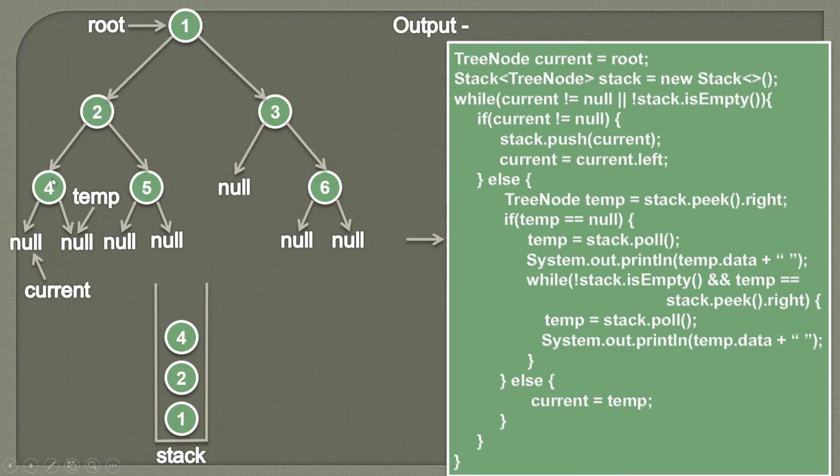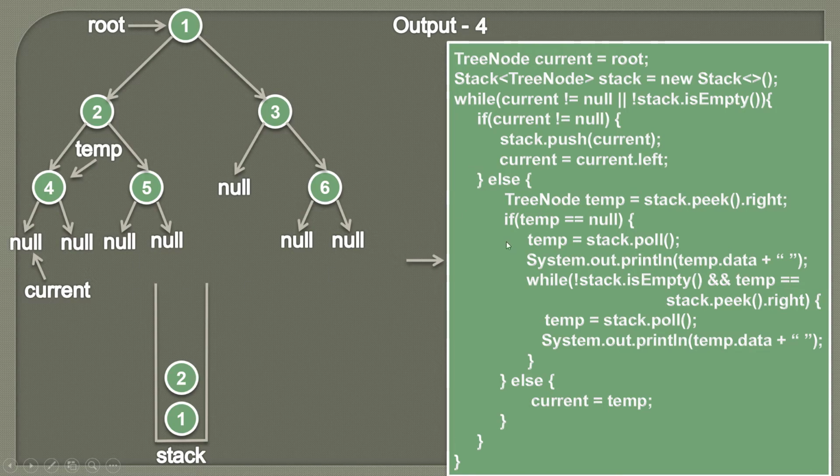So now we can simply poll this node out and we can simply visit it. So we'll poll this element out, and now temp will point to 4. And in the next step we'll simply visit the temp. So we are simply printing the data of the temp, which is 4 here.